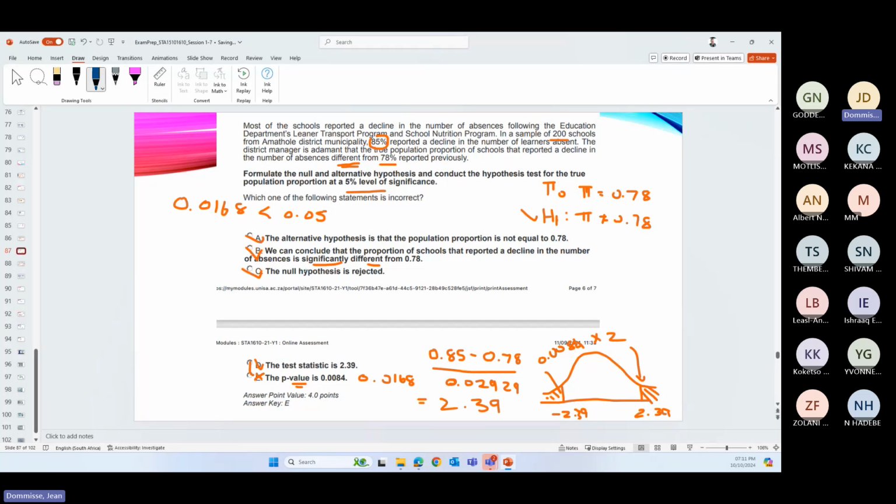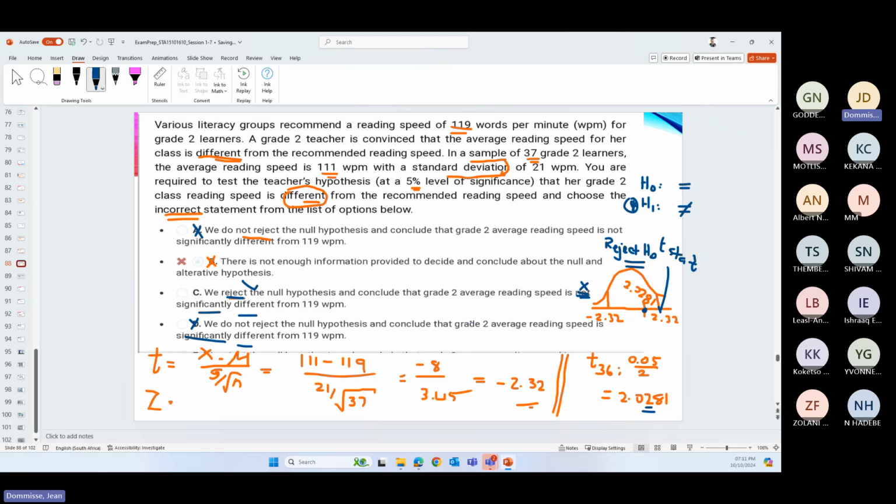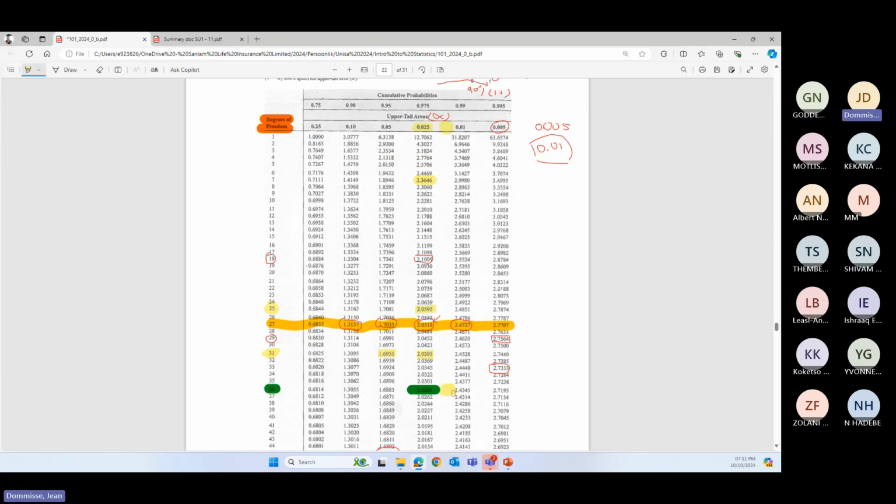But if you're working with this, I now looked at the p-value and said, well, yeah, it needs to be between those two, but I can't really with certainty know what it is.